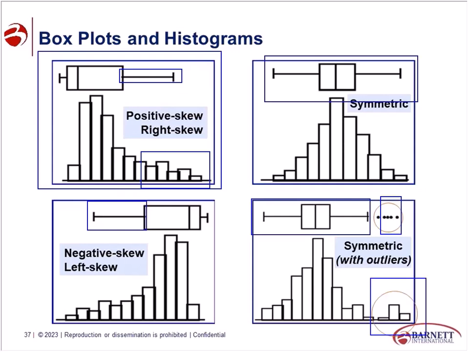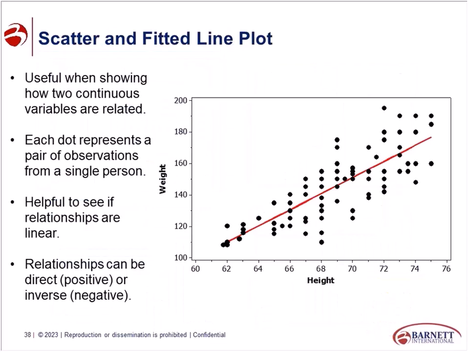You have a symmetric looking histogram with a few data points outlying. So this is essentially summarizing the one-to-one correspondence between a box plot and histogram, and the features you need to look at to identify whether it's right skewed, left skewed, and also, most importantly, whether there are extreme values and outliers.